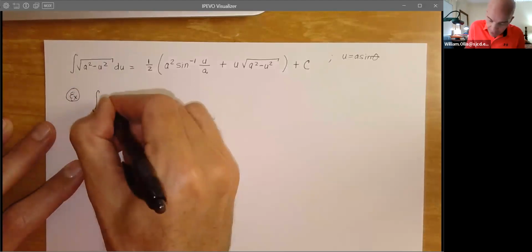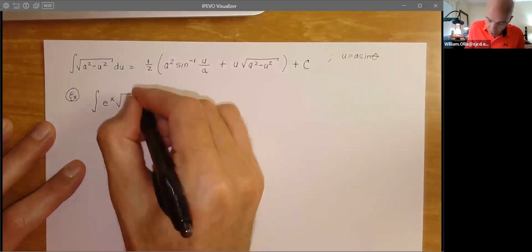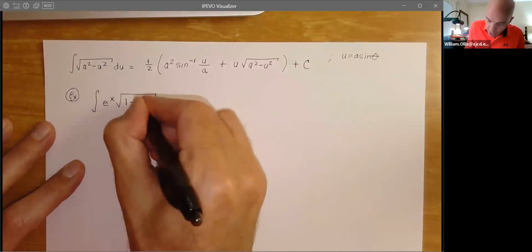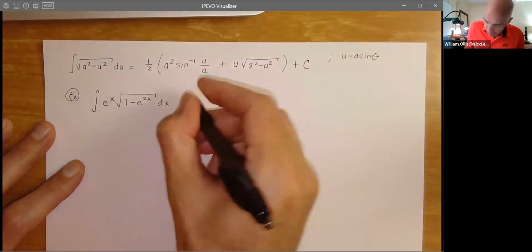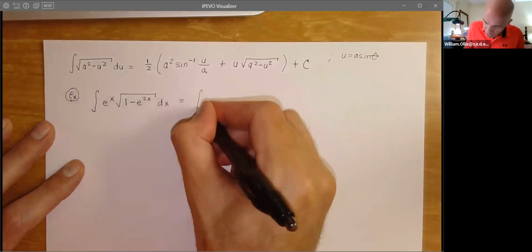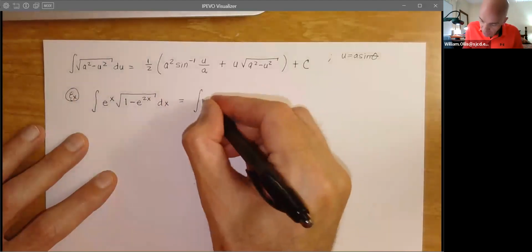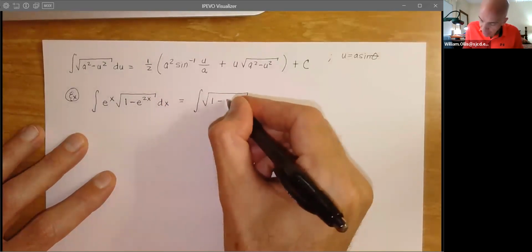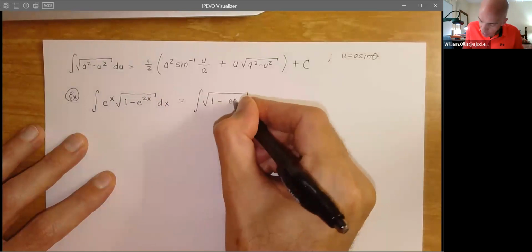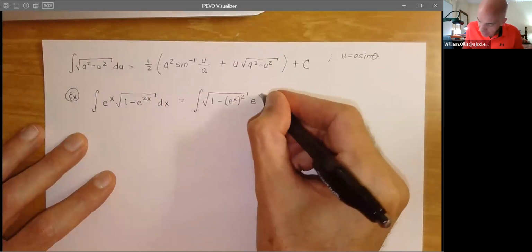So we have the integral of e to the x square root of 1 minus e to the 2x dx. Now we can make this table ready because we're thinking this has this form. So this will be the square root of 1 minus e to the x quantity squared, times e to the x dx.